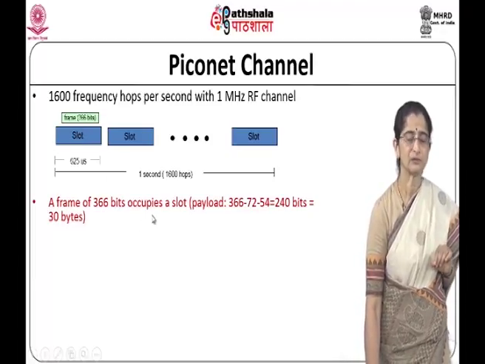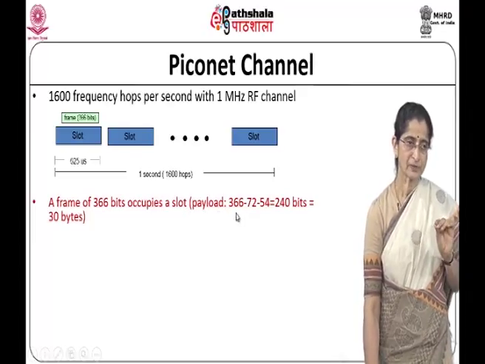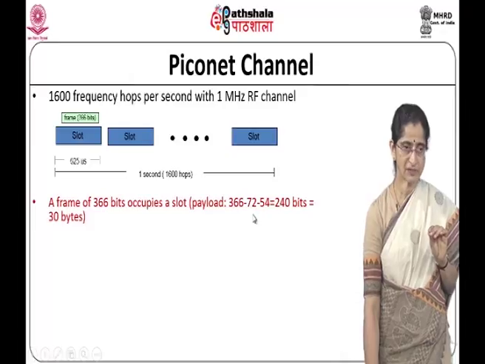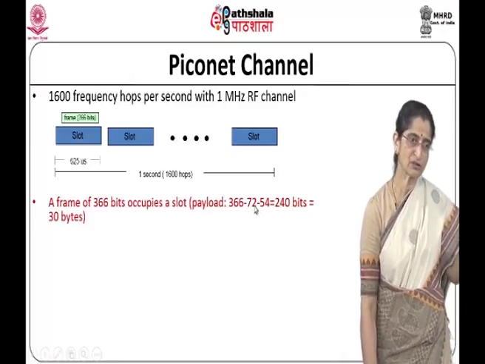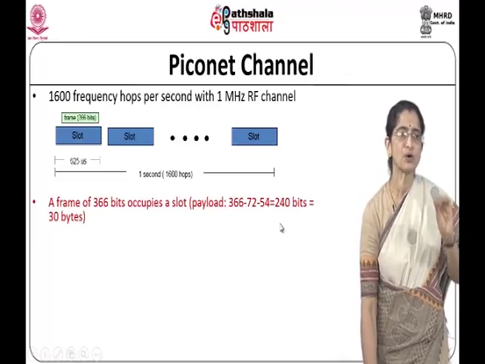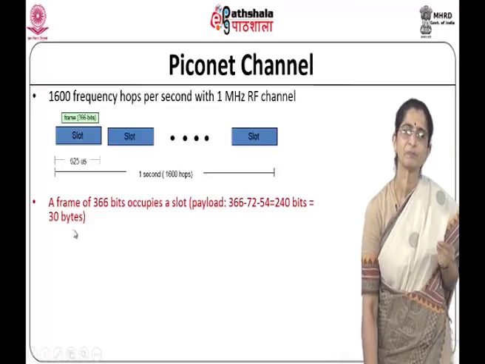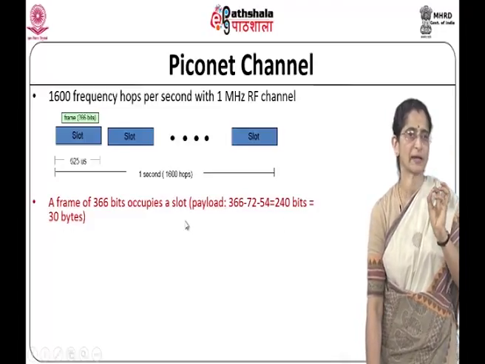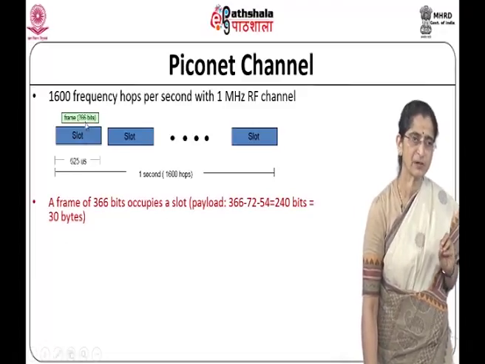Okay, that's the slot, and the payload out of that will consist of 366 minus 72 minus 54. Remember, the 72 and 54 are part of the header and the synchronization information that is used. So you have 240 bits. That is what is available for carrying the actual payload or the data. So 240 bits is only about 30 bytes, which is why small packets only are carried in Bluetooth. So 30 bytes is what is carried per frame.